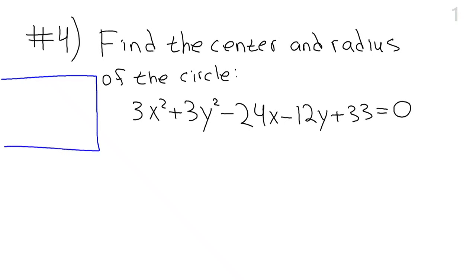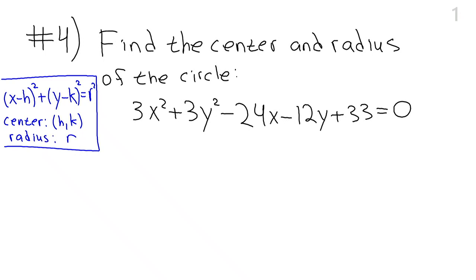The standard form of a circle looks like this: (x minus h) squared plus (y minus k) squared equals r squared. And once we get our circle to look like this, then we can conclude that the center of such a circle must be (h, k), and the radius of such a circle must be r. But first, we need to get it to this form.